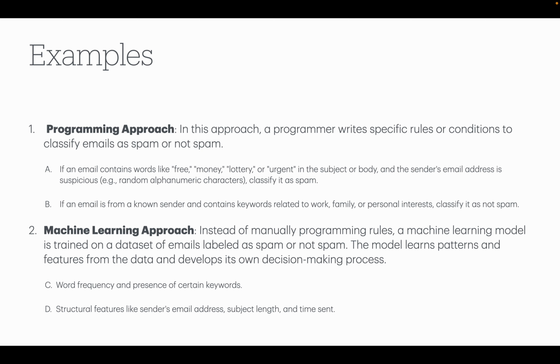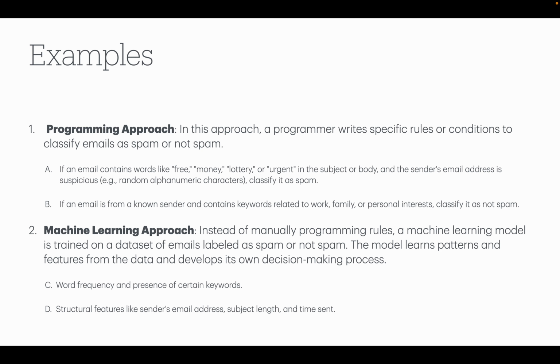Or if an email is from an unknown sender and contains keywords related to work, family, or personal interest, that will also be classified as spam. So that means we need to write rules, and based on those rules it will be decided whether it is a spam mail or not spam mail. So that is the programming approach.